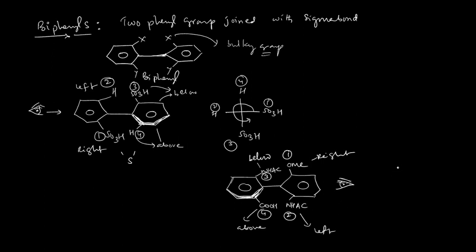Now same, right, Fischer projection, near groups at the horizontal axis. Right hand side, OMe. Left hand side, NHAc. Above the plane, COOH. Below the plane, NHAc.